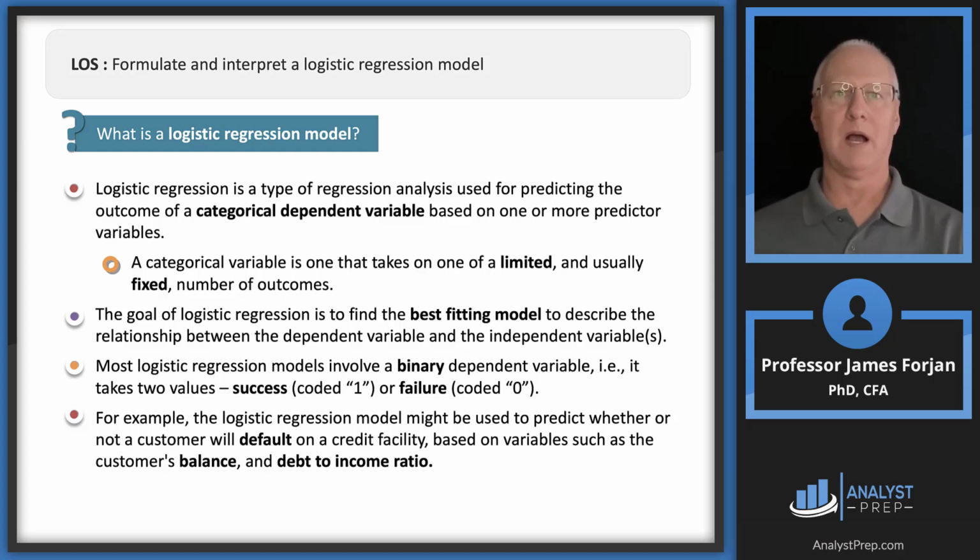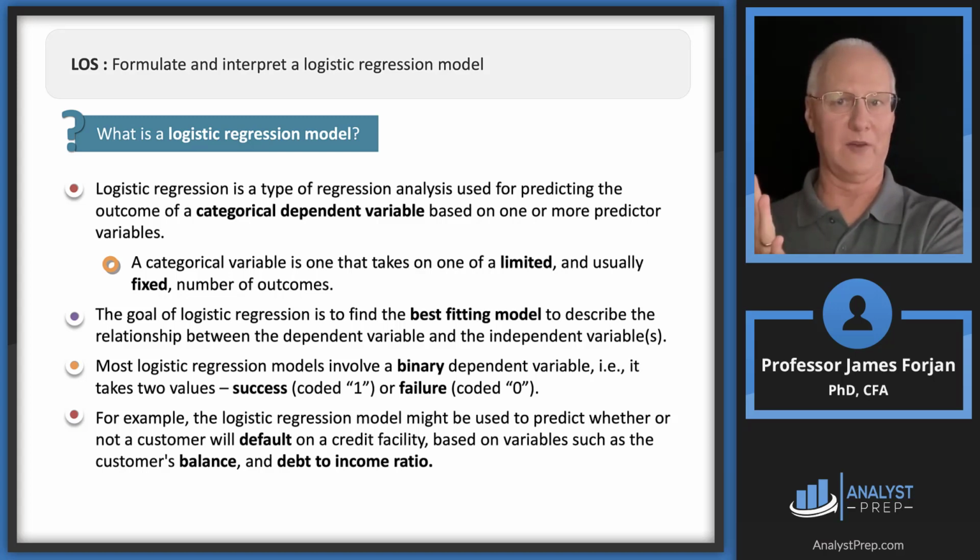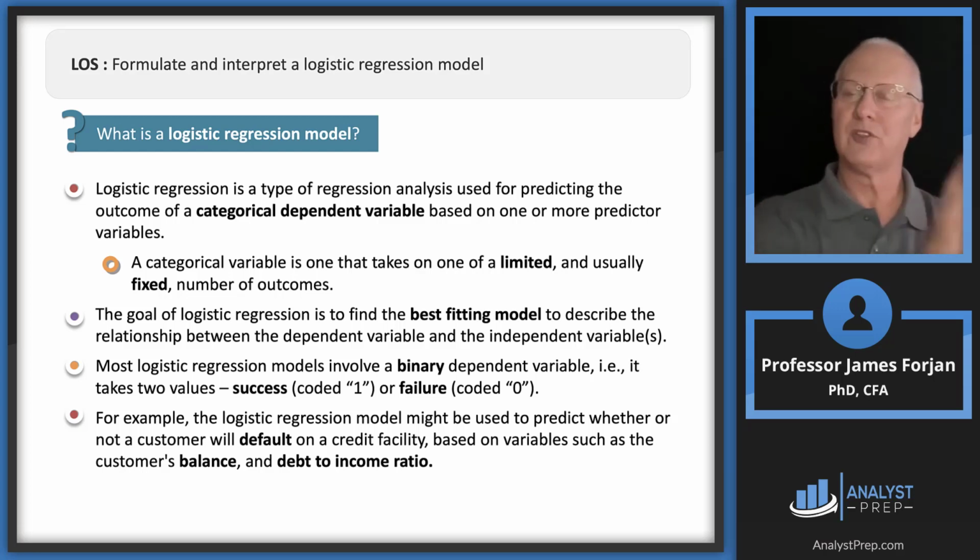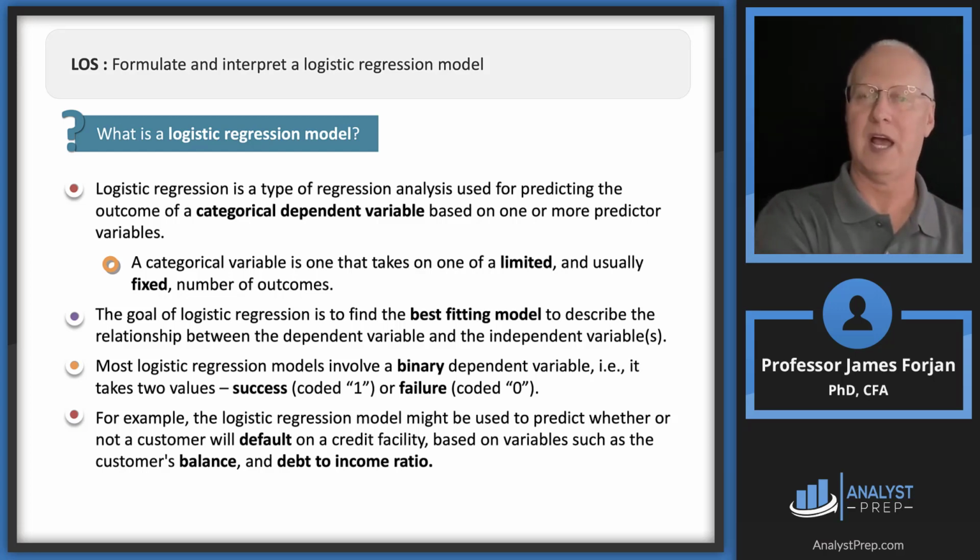Now let's go back to my example with the score on the CFA exam. But instead of our dependent variable being 22%, 43%, 75%, and 85%, let's suppose our dependent variable is either you pass or you don't, either a 0 or a 1. So essentially we're going to take that dummy variable on the right-hand side of the model and throw it over onto the left-hand side of the model.